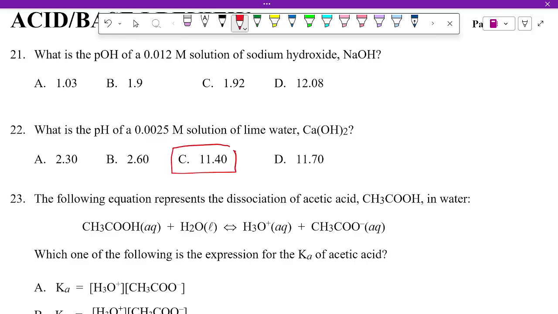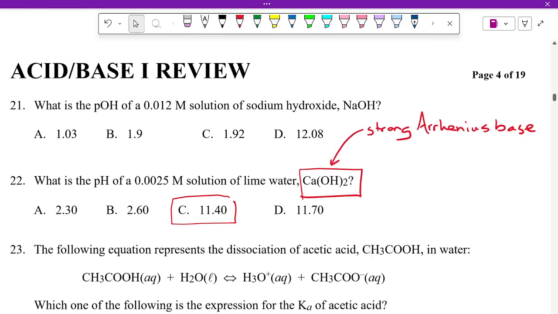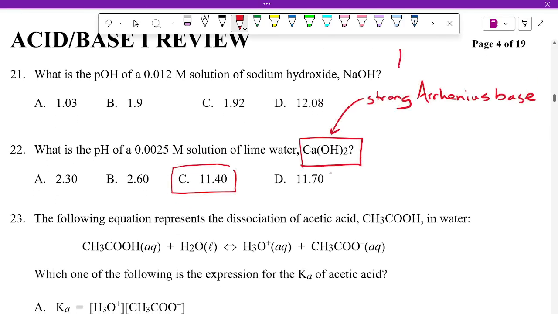What type of a compound is Ca(OH)2? That is a strong Arrhenius base. All metal hydroxides are strong Arrhenius bases.